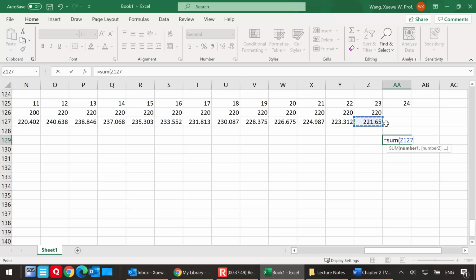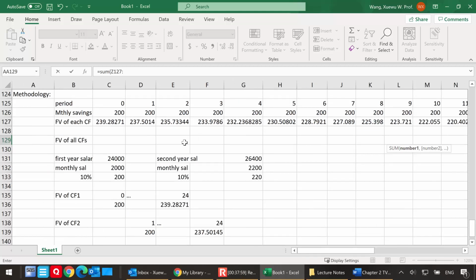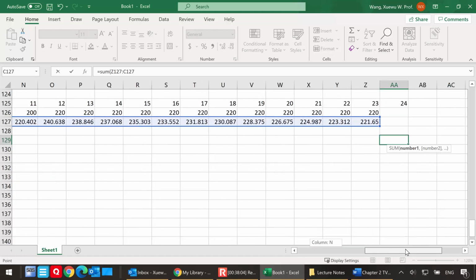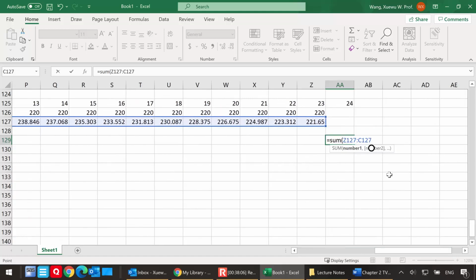I look at this number here, that's Z127. I use a colon sign to pick up the numbers in between, and then I go to the very beginning. The first number I want to add up is actually C127. Okay, so Excel is actually using the colon sign to pick up all the numbers between C127 and Z127.